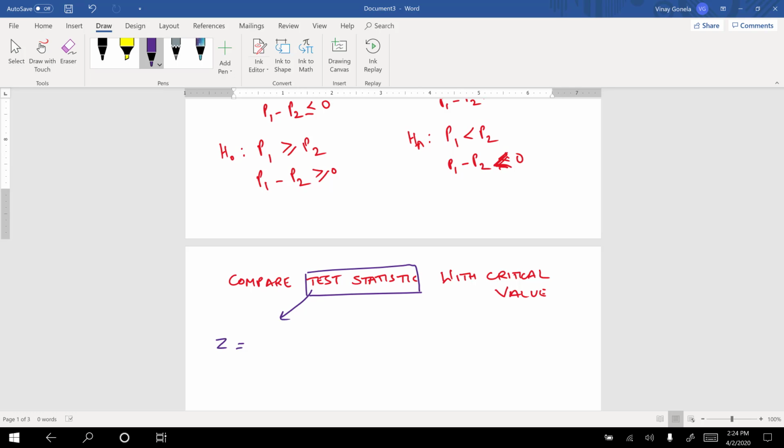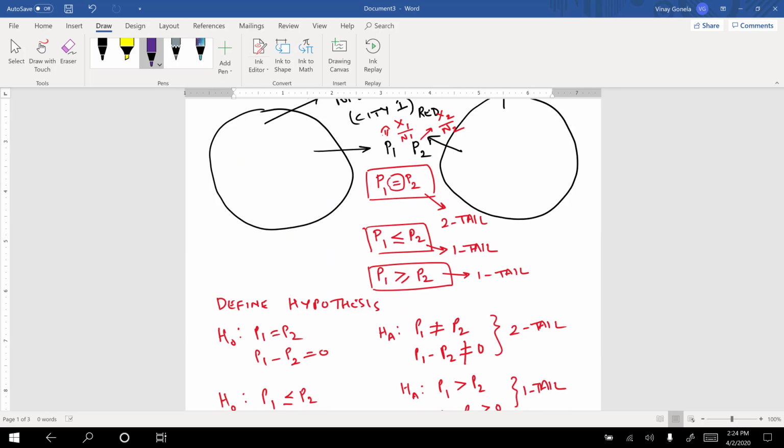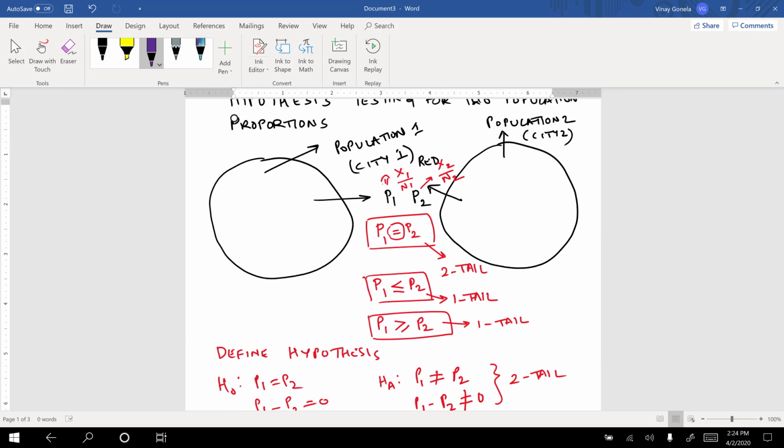Before I discuss the formula for this, once we have these hypotheses, what do we do? We take the data, or we sample from each population and look at what proportion of people like color red, because it's difficult to get the number of people who like color red for the entire population.